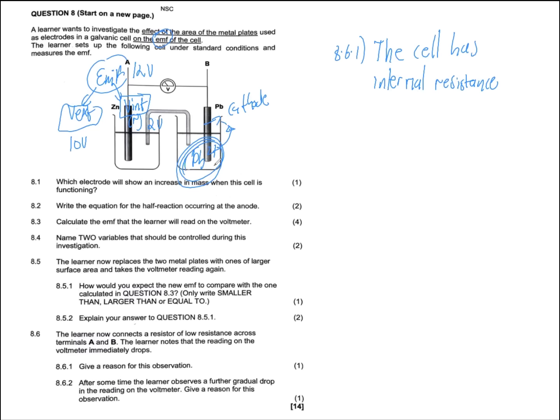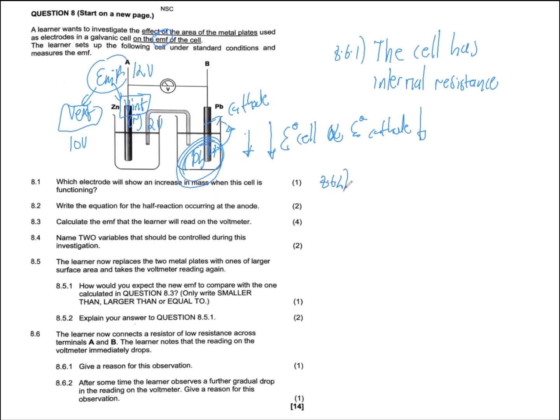And that means the concentration of the Pb2+ ions is decreasing. If this concentration decreases, the E cathode goes down. And because the E cell is directly proportional to the E cathode, if there is a drop in the E cathode, there is a drop in the E cell, right?